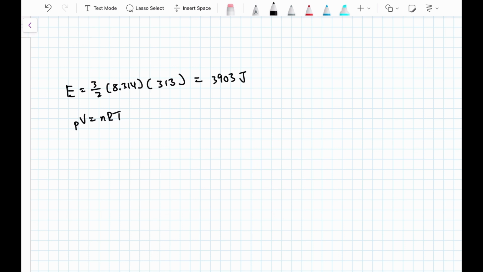Wait, this is the energy. Essentially, what I did is I just used R times T, because voltage is just the energy given per molecule, so I just divided by N. So it's just volts in this case.